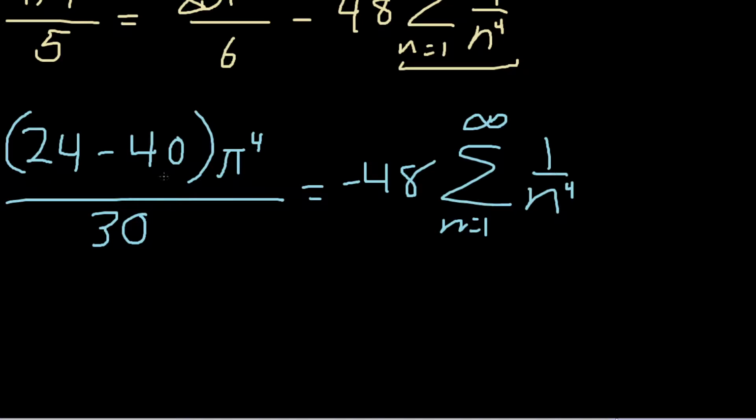This is going to be negative 16 over 30 pi to the 4th, which is negative 8 over 15.